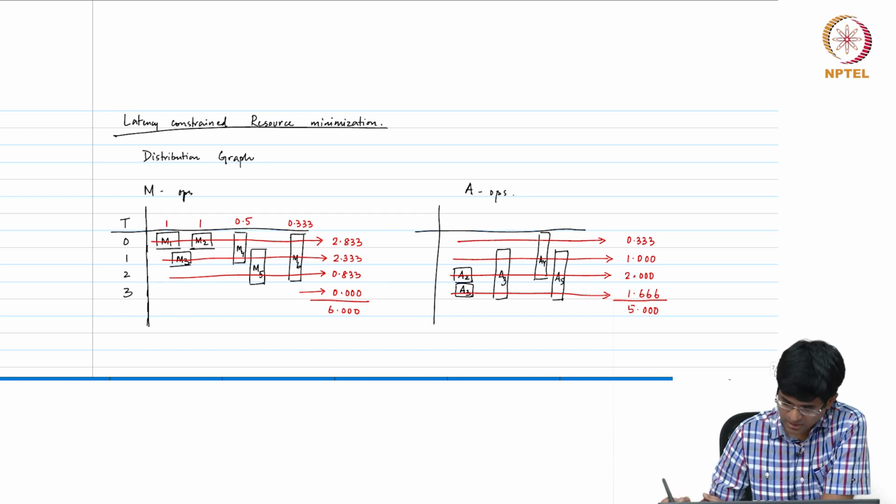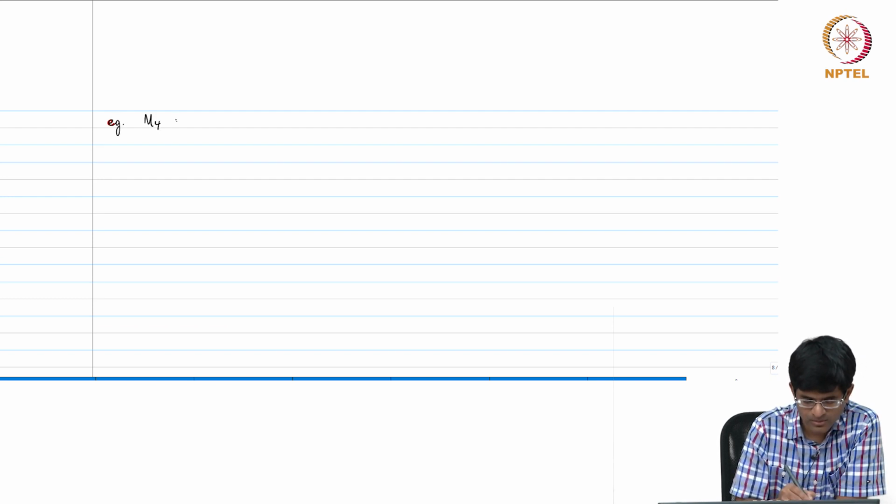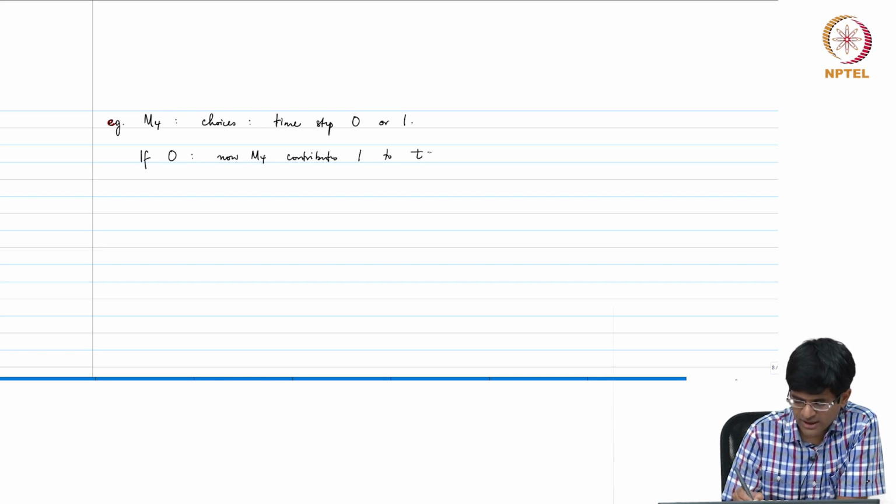Okay. To understand this, let us take the example of operation M4, right. It had two choices, either time step 0 or 1. Okay. If we put it in 0, then what we are ending up doing is, now M4 contributes 1 to t equal to 0 and 0 to t equal to 1, right.